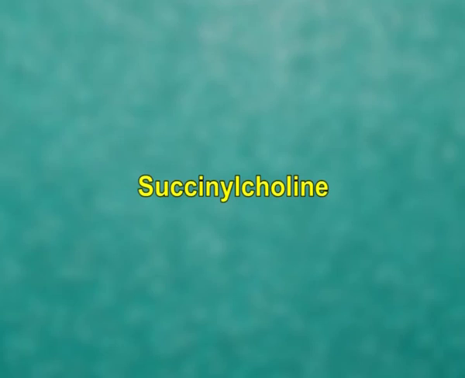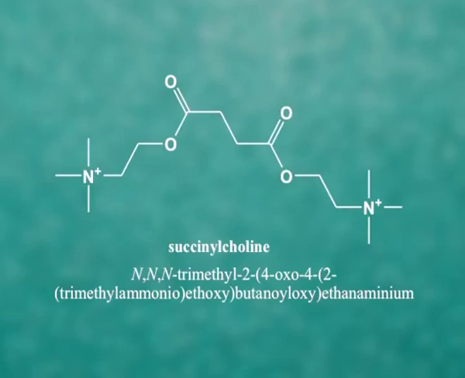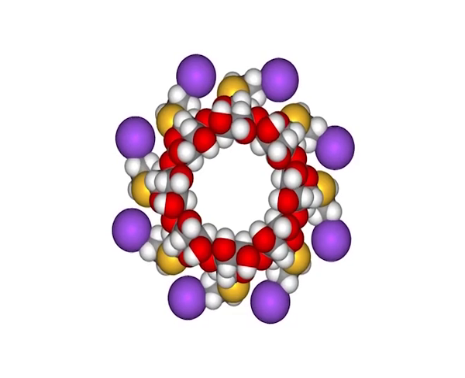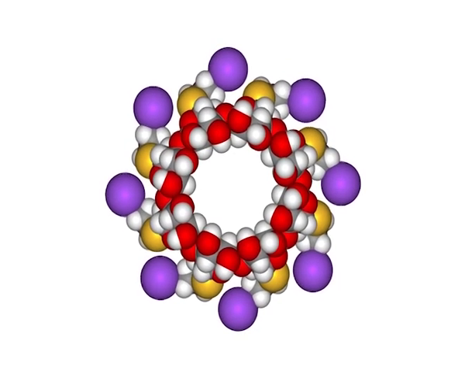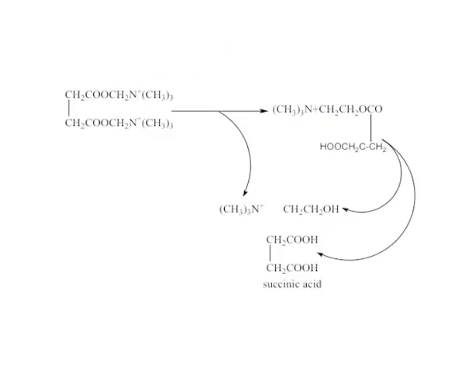The first is succinylcholine. Succinylcholine chloride has a very short duration of action. It shows quick recovery because of its rapid hydrolysis after injection. Its action, unlike that of dextrorotatory tubocurarine, is not antagonized by acetylcholinesterase enzymes.